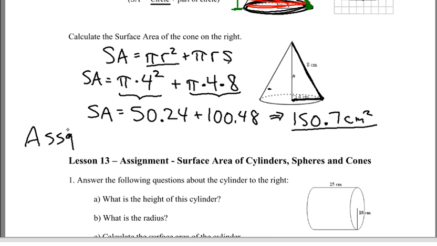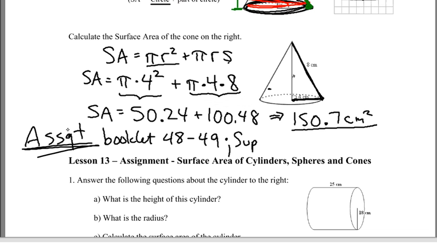Your assignment for this is pages 48 and 49 in the booklet. In this booklet, finish pages 48 and 49, and then supplemental pages.